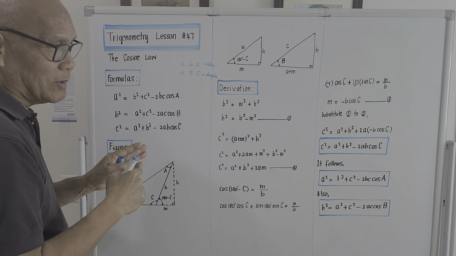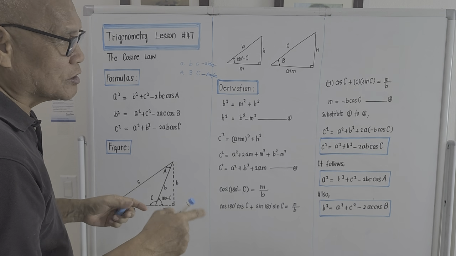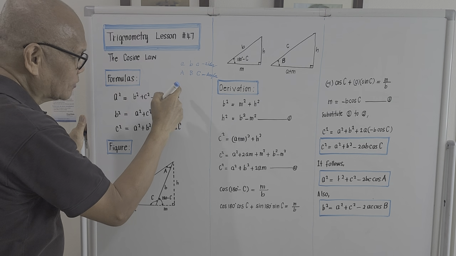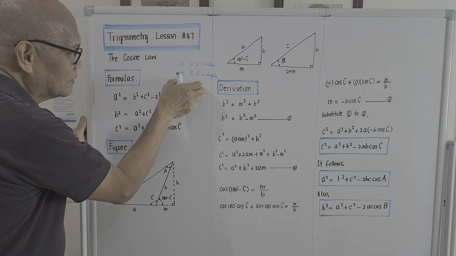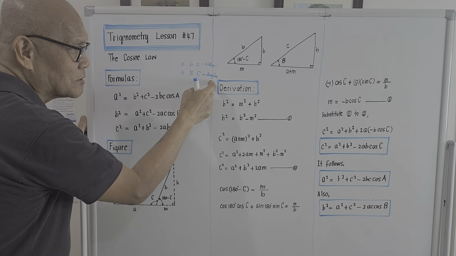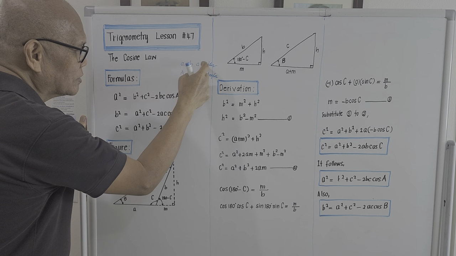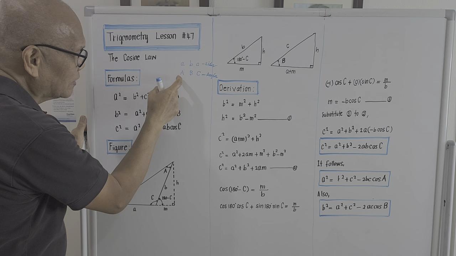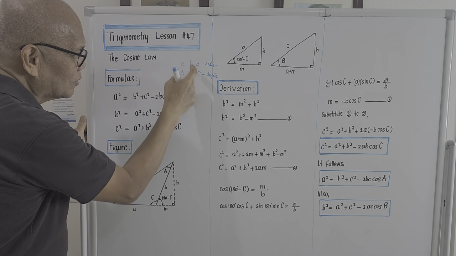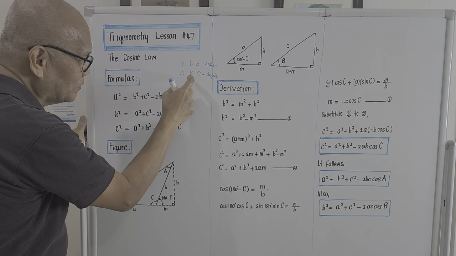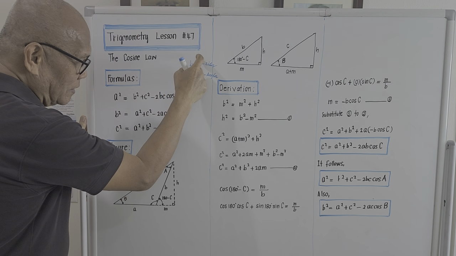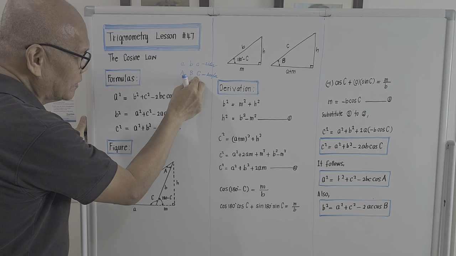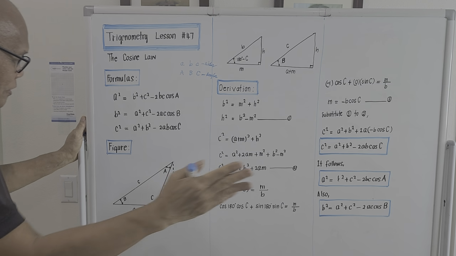If I bring out the formula, at least we now know what is ABC and what is big letters ABC. The big letters are actually the angles, and the small letters are actually the sides. So small letter A corresponds to big angle A, small letter B corresponds to angle capital letter B, and side C corresponds to the opposite angle of angle C. It is just something like this.